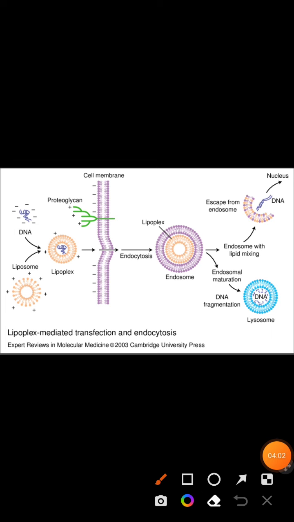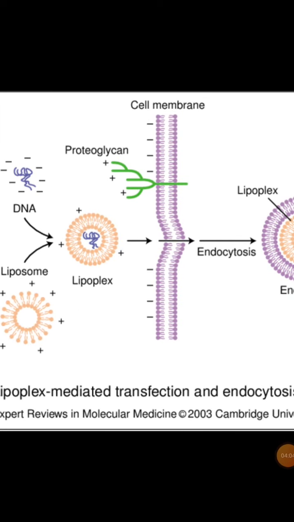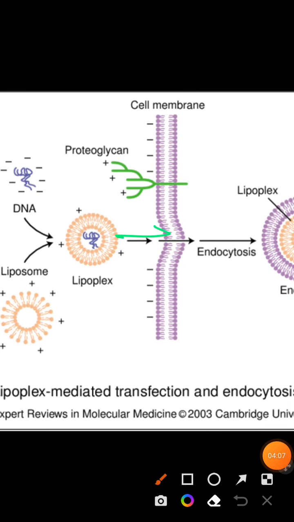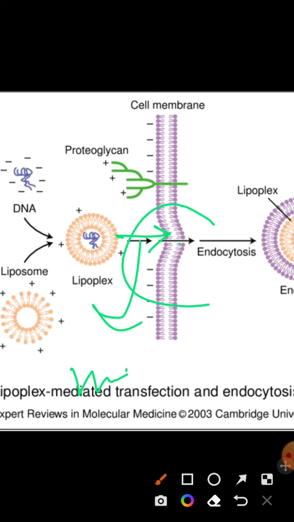And here the delivery of DNA is with minimal toxicity, because as you can see there is no formation of pores. So except for the DNA molecule with the lipoplex, there is not much chance for any other undesirable molecules that may be present in the cell culture to enter.